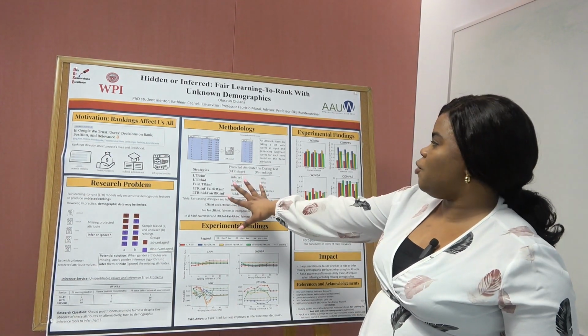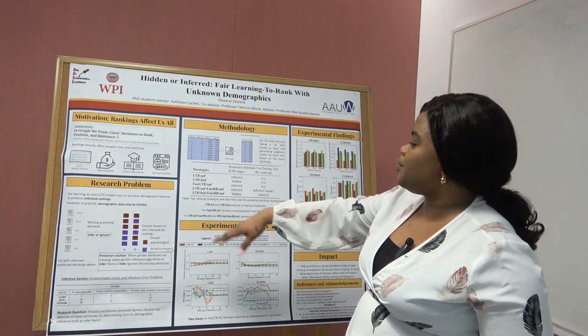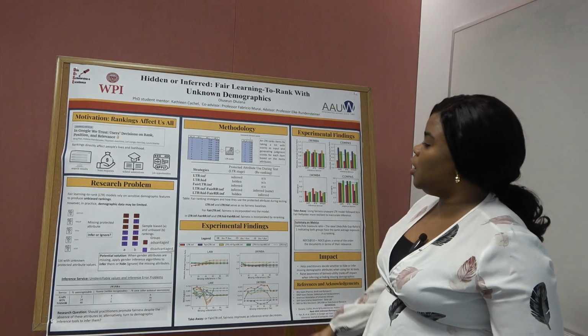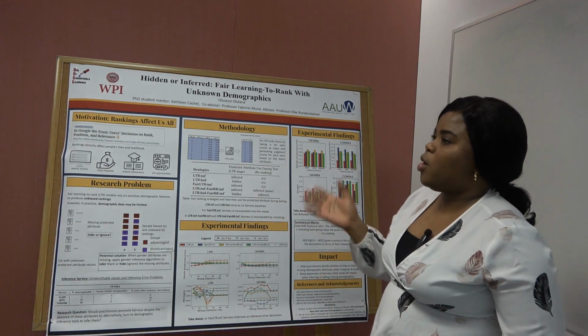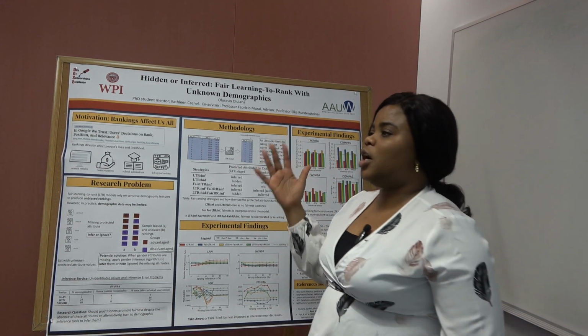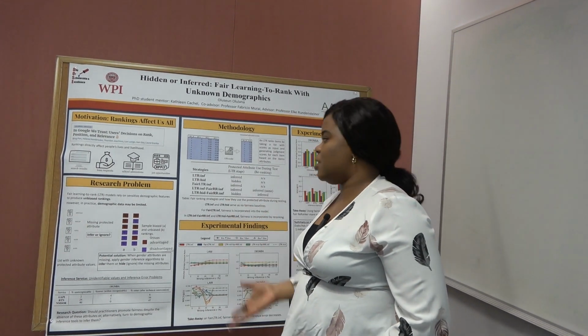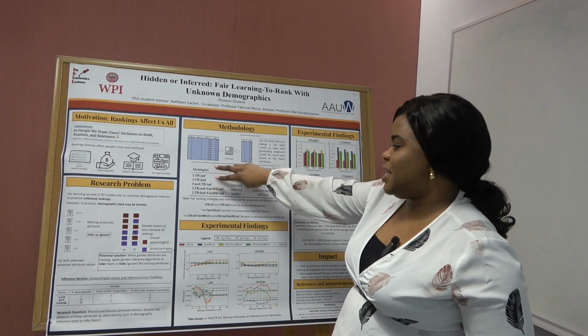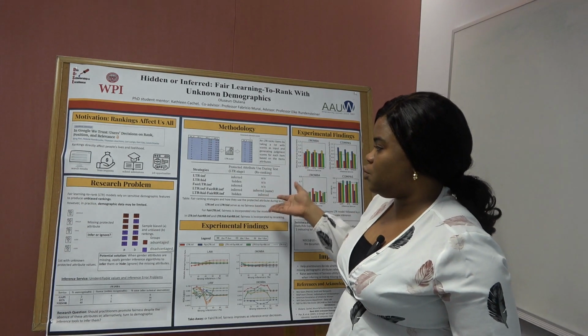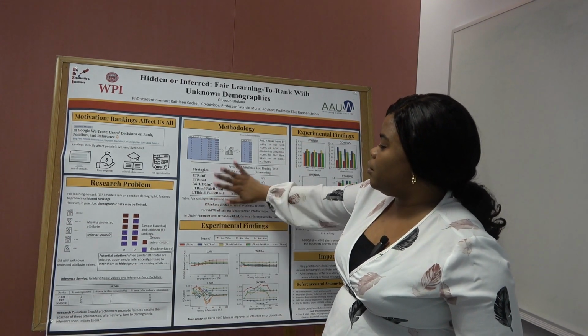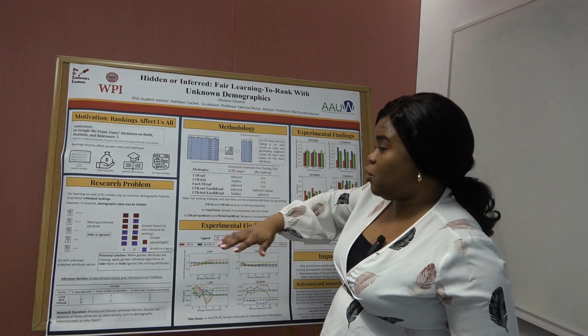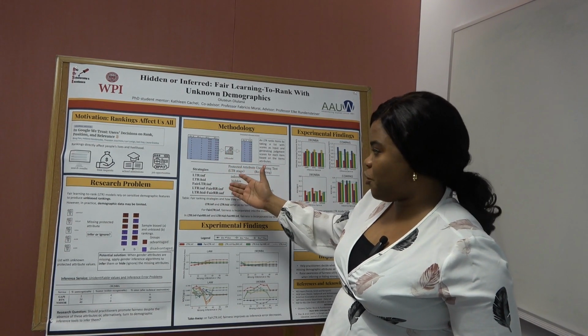So what we did for our experiment was we had 5 strategies where we would hide sometimes and infer other times, right? The first 2 strategies were the baseline strategies that we compared the other strategies to, and they were learning to rank algorithms that didn't have fairness incorporated into them.